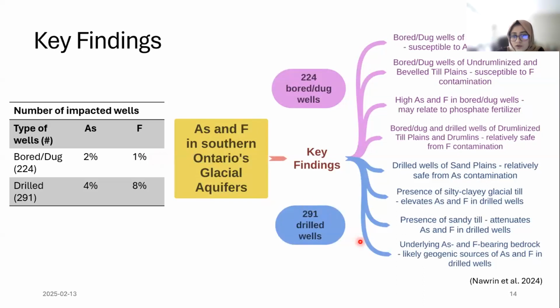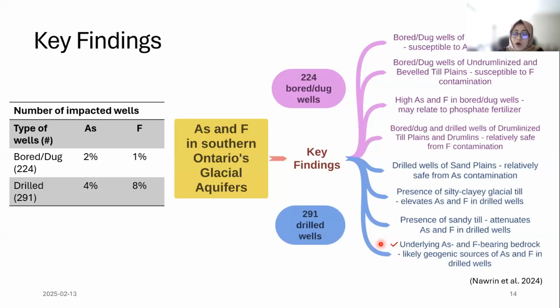So though it was not well established from the statistical analysis, from geospatial mapping, spatial cluster analysis, and literature, we found there is a possible connection between elevated arsenic and fluoride in drilled wells and the underlying bedrock formation, mostly regardless of physiography.